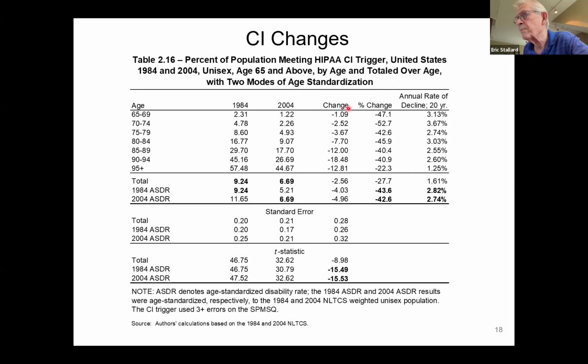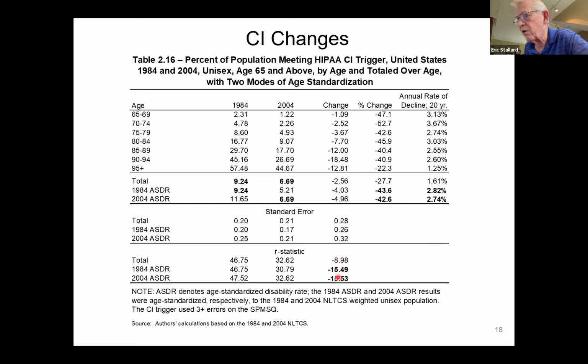So the surprising thing from my perspective was that the annual rates of decline for severe cognitive impairment were on the order of 2.7 to 2.8% per year, a full 1% higher. And that is, in my view, and in view of all of the people that have looked at this material, incredibly significant.